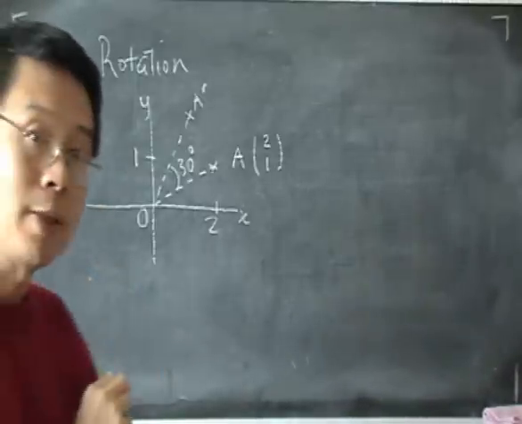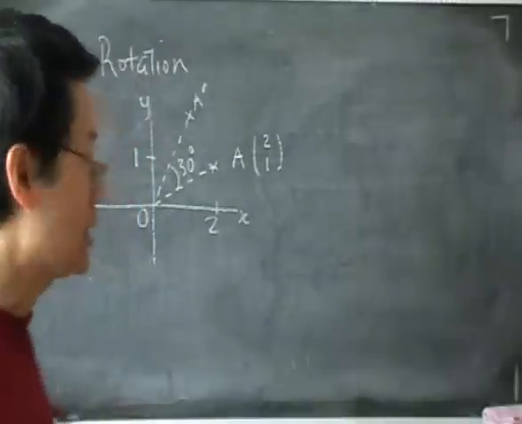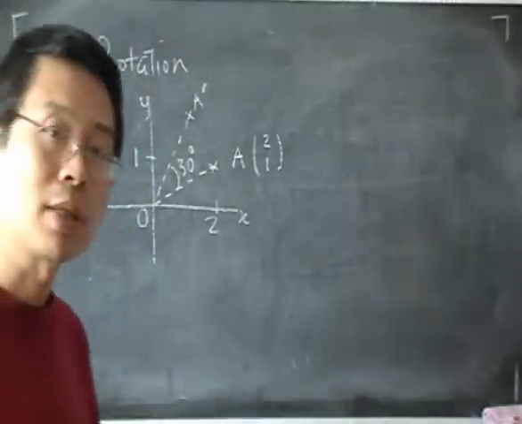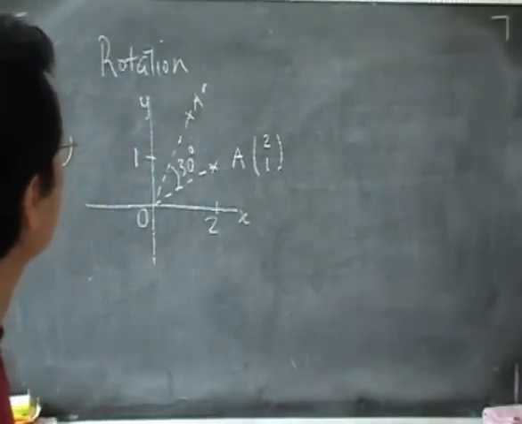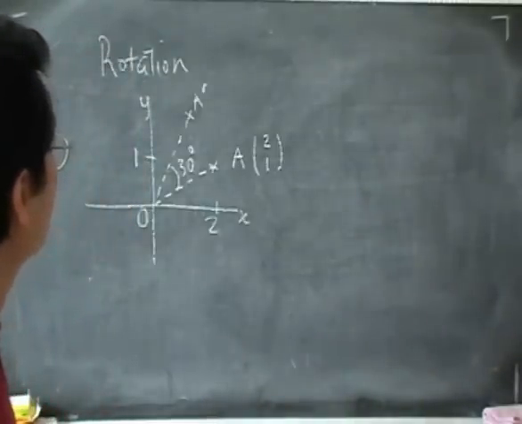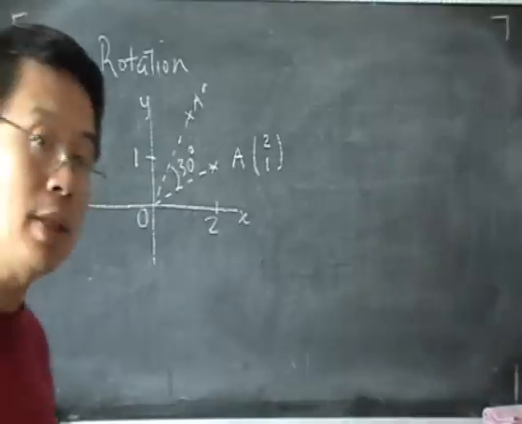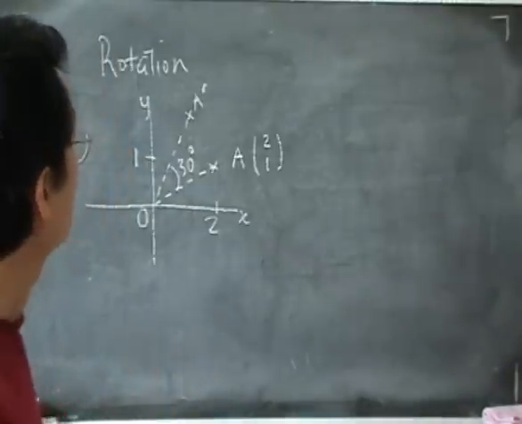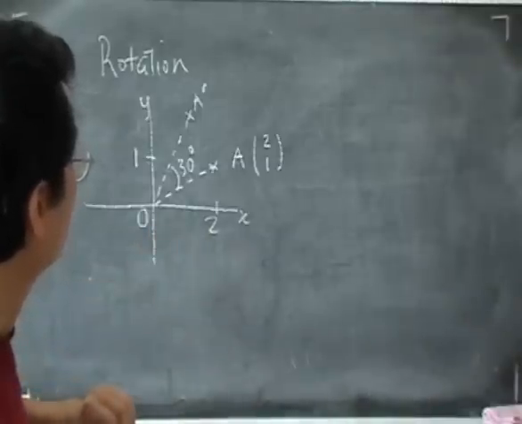This problem here is a bit more difficult than the examples that we saw just now on reflection. It is quite tricky to try and find the answer to this geometrically.